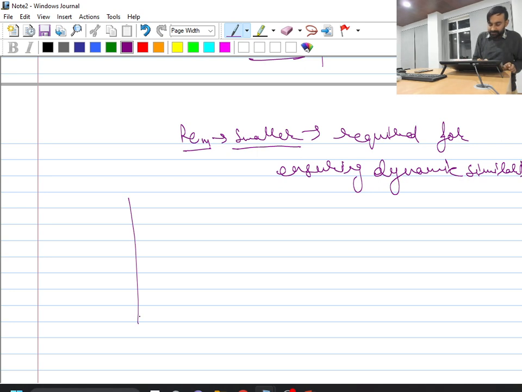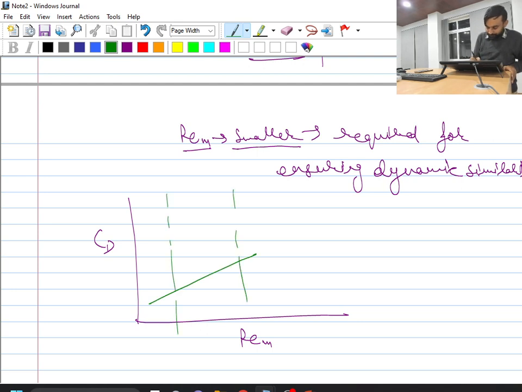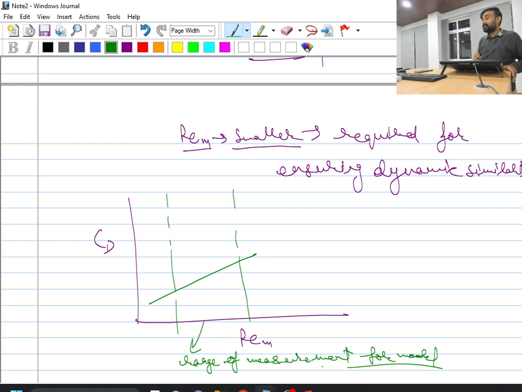Because of this, if any parameter, say coefficient of drag, you are calculating for the model, with the Reynolds number of the model on the abscissa, and I get some trend something like this, you will be expecting that this is the range of measurement for the model, but the actual expected range would be at high Reynolds number, because your model viscosity was low to ensure the dynamic similarity.